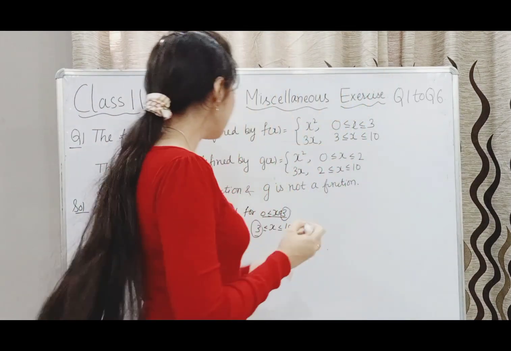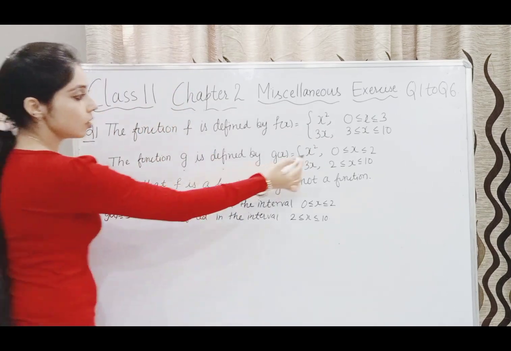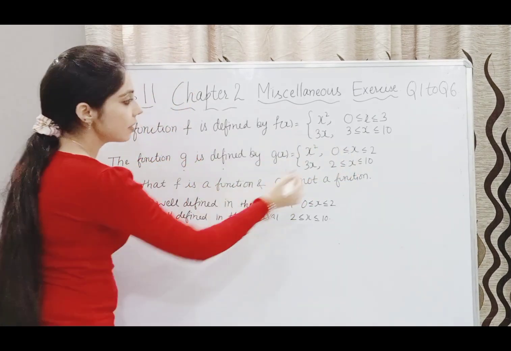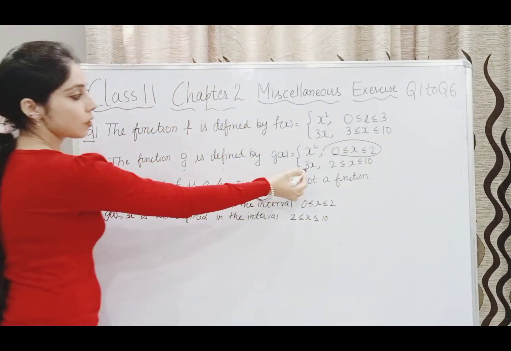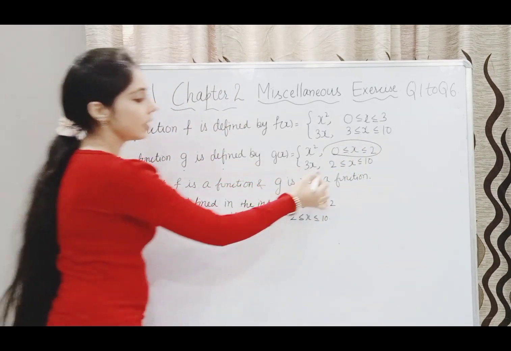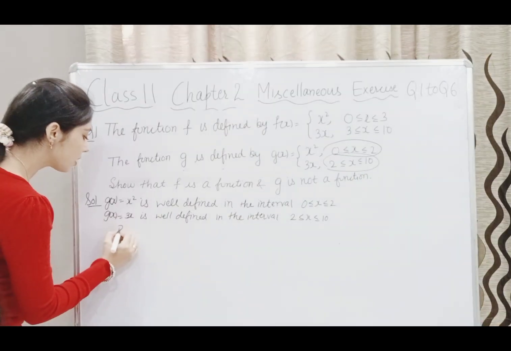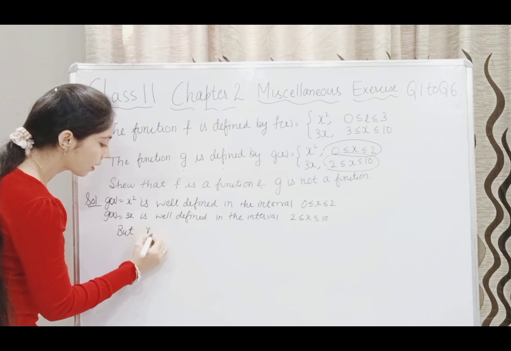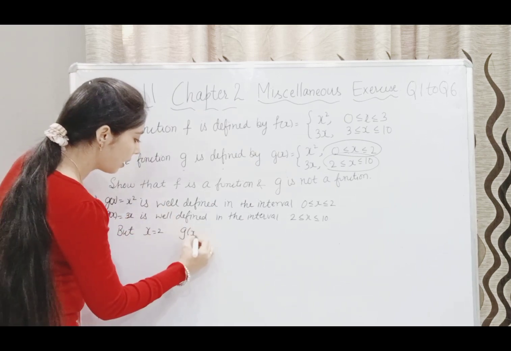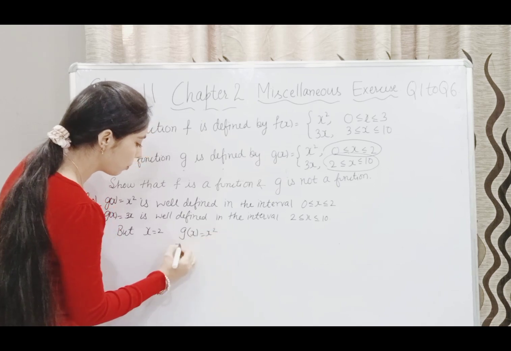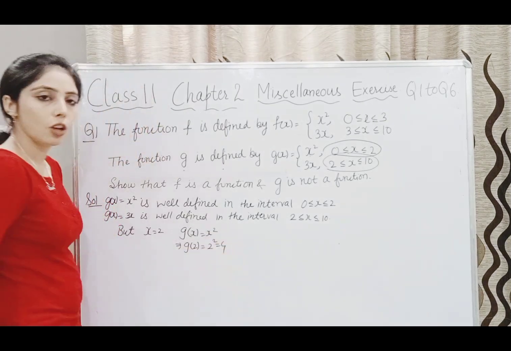So let's discuss the second function g(x). g(x) = x square is well defined in this interval. Also g(x) = 3x is well defined in this interval. But at x = 2, g(x) = x square gives 2 square, which is 4.